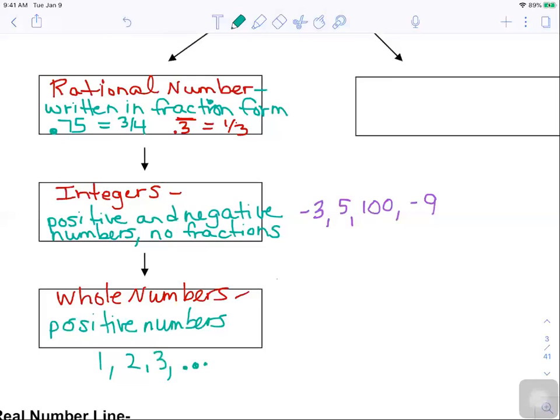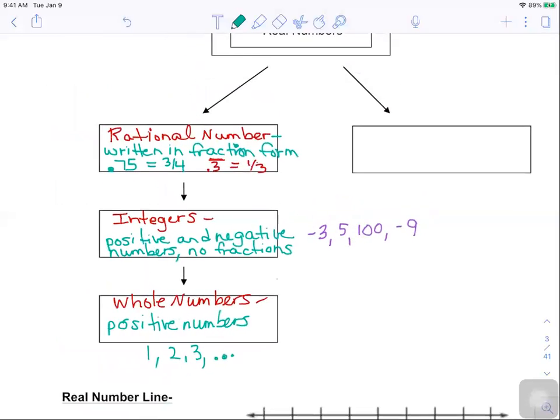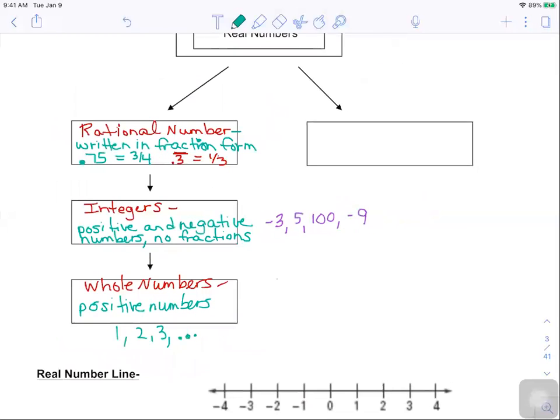So that would be the left side. These are types of real numbers: the rationals, the integers, and the whole numbers. There are more rational numbers than there are whole numbers because whole numbers are just the numbers 1, 2, 3, and so on. We could write a ton of different fractions.